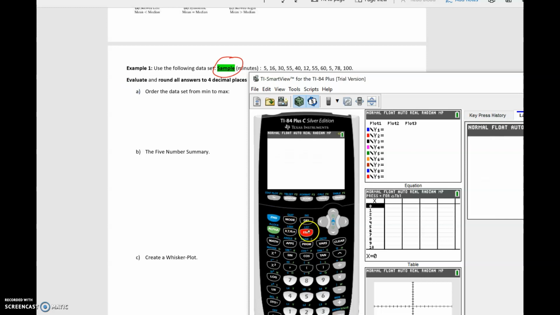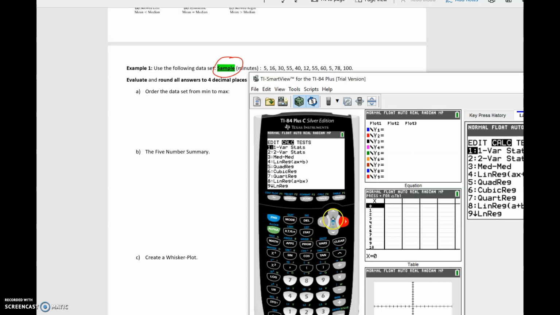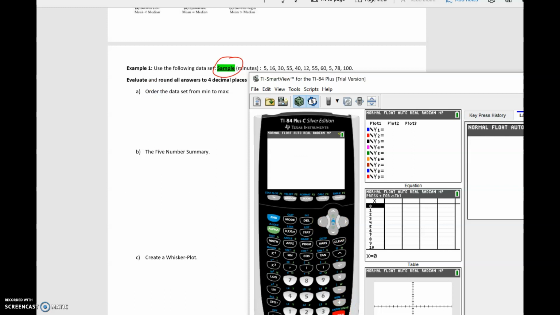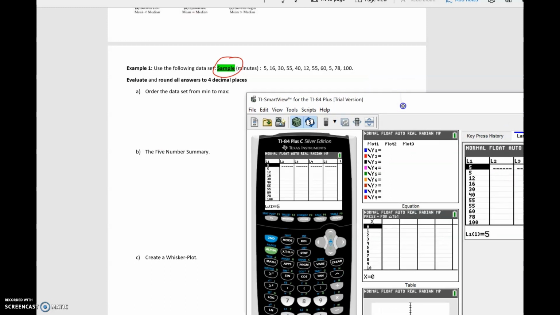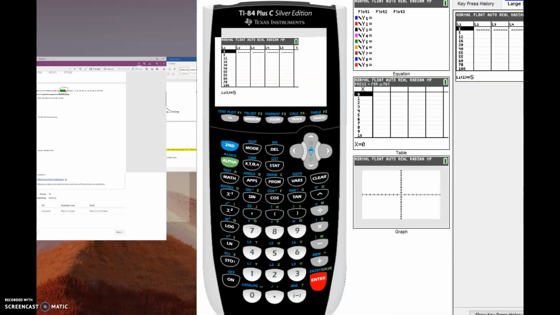Hit stats, and it's a lot easier to just do what we did last week, which was to sort the data set. In this case, I had entered everything under L1, and then you can just access the data set.